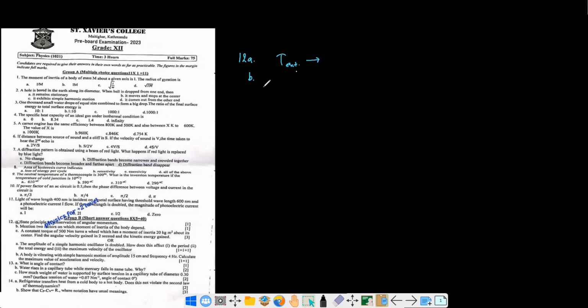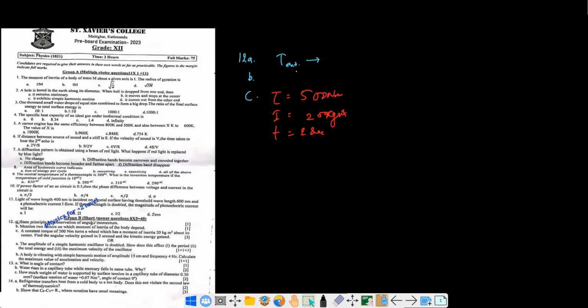Now another is the numerical. C number ma a constant torque is given, tau equals 500 newton meter, and the moment of inertia I equals 20 kg meter square is given, and we are given a time equals 2 seconds, and we are asked to find the angular velocity gained in 2 seconds.